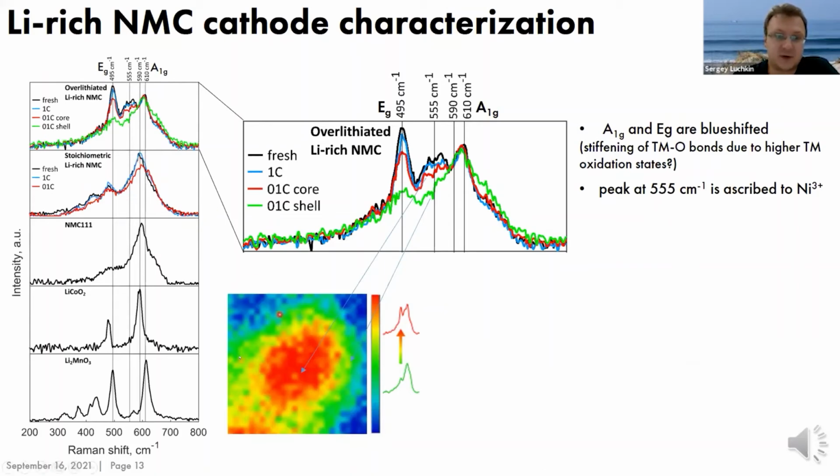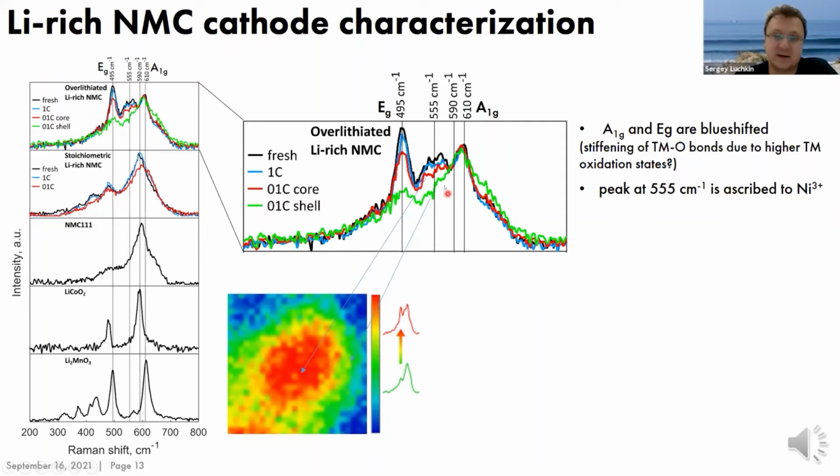And after partial activation, we can see this core-shell structure. In the core, this red spectrum resembles the fresh, not activated spectrum, well, slightly less intense, while in the shell, this green spectrum closely resembles the stoichiometric case, which is active.